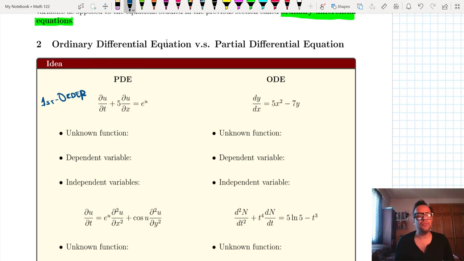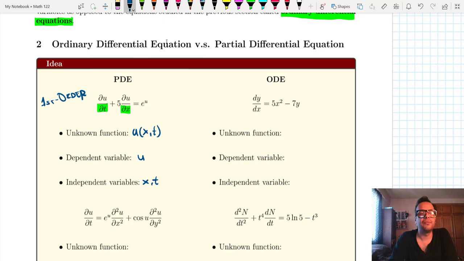Okay, so the unknown function in this case is going to be one called u that depends on t and x. Okay, so x and t. In this case, the dependent variable is u, and the independent variables are x and t.